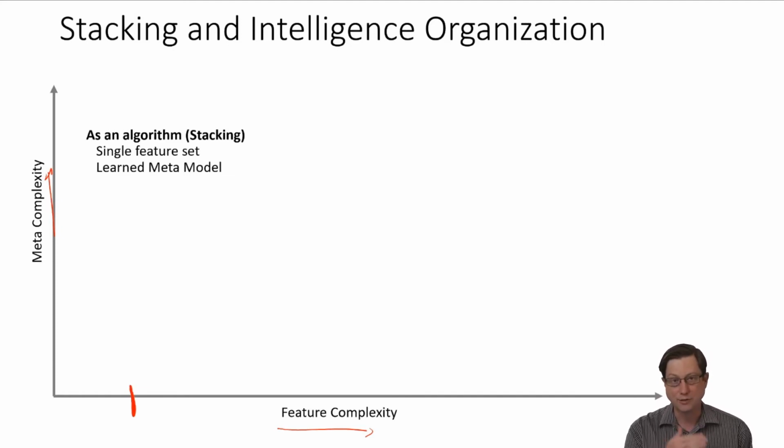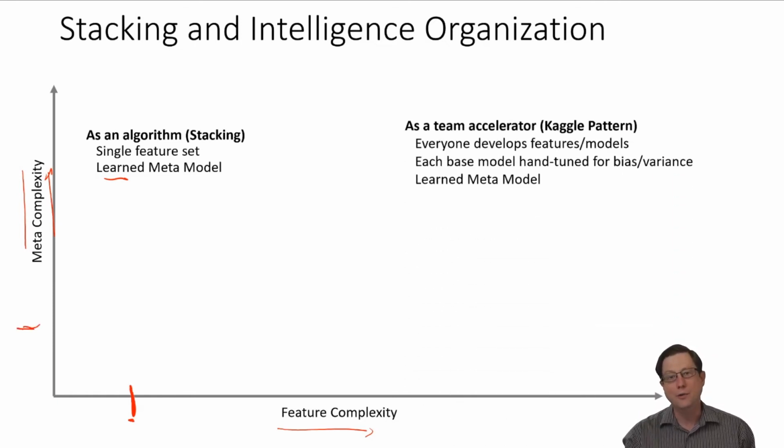You have like X train. Stacking doesn't really talk about creating other feature sets. What it talks about is taking that feature set and then learning a bunch of different base models and learning a meta model on top of it. So the fact that you're learning multiple base models and then combining them with unrestrained machine learning makes that meta complexity relatively high compared to the things that we're going to draw below it later.